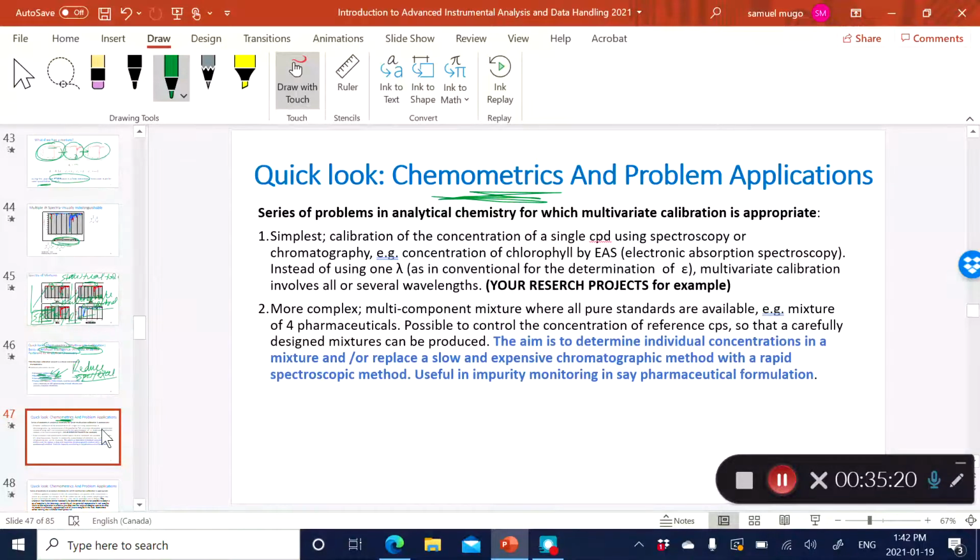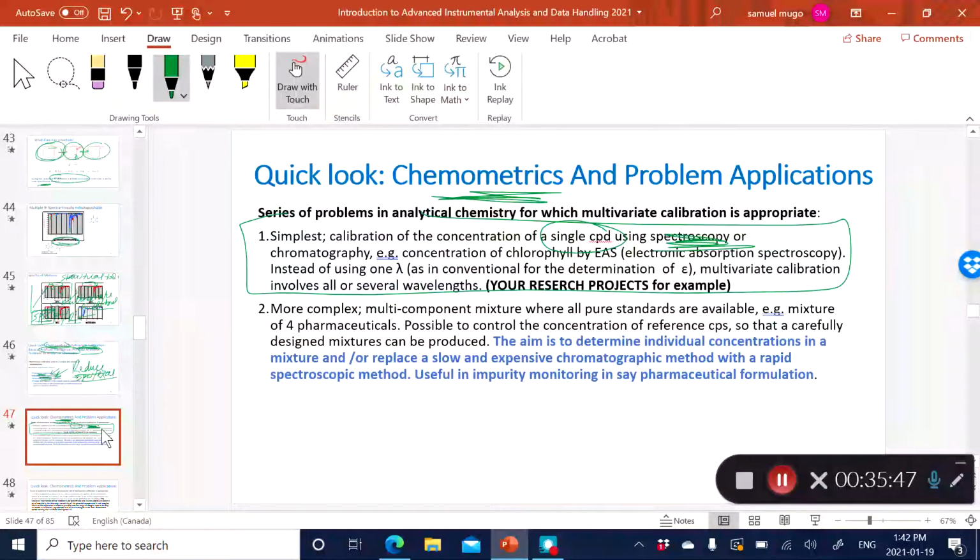Case number 1, which is fairly straightforward, so you're trying to generate a calibration of a single compound, but a single compound is being analyzed using, say, chromatography or using spectroscopy, meaning you get multiple types of wavelengths or multiple signals.